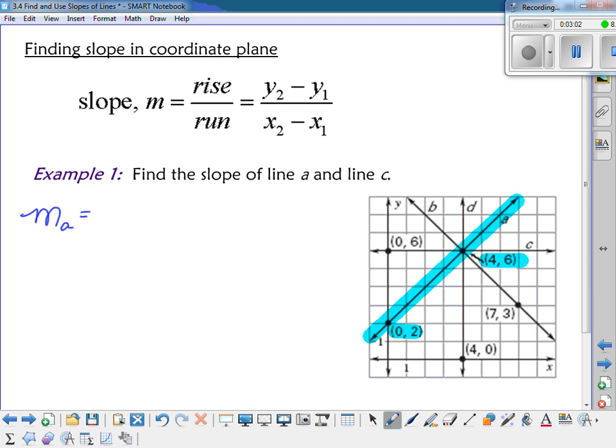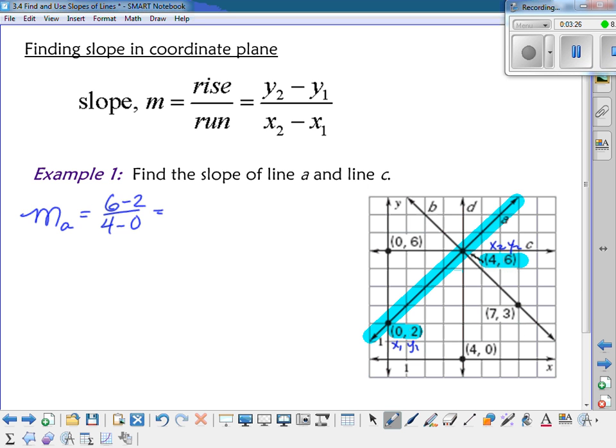So if I do y minus y, I do 6 minus 2. And then x minus x, I do 4 minus 0. And you want to leave it in the same order. If you decide that this is x1, y1, then this has to be x2, y2. You have to start with the same one. Otherwise, you're going to have the opposite sign of what you should.